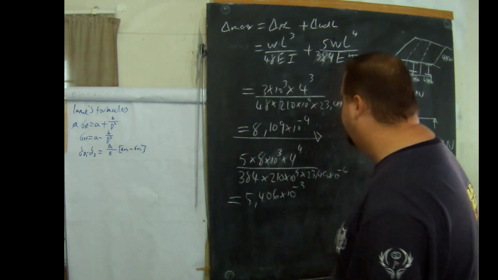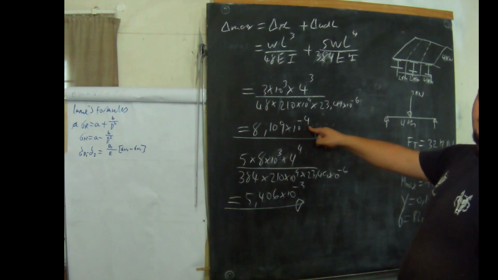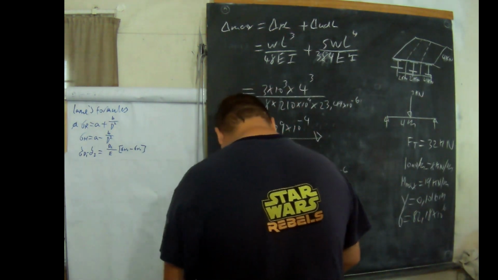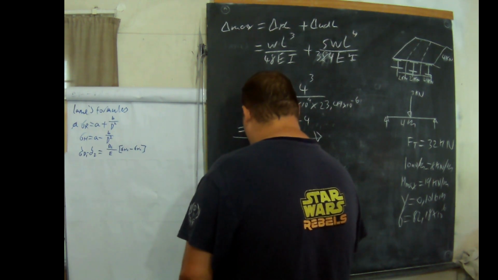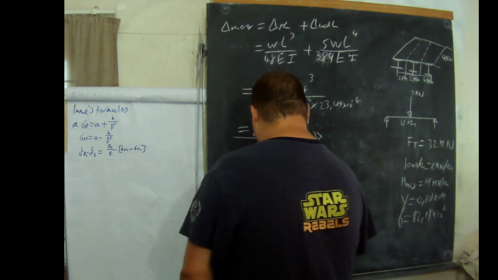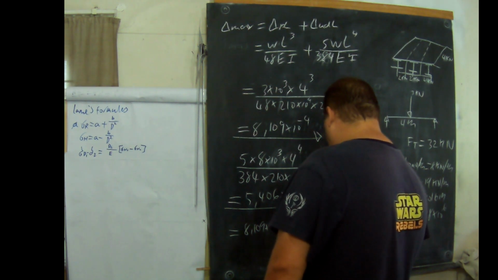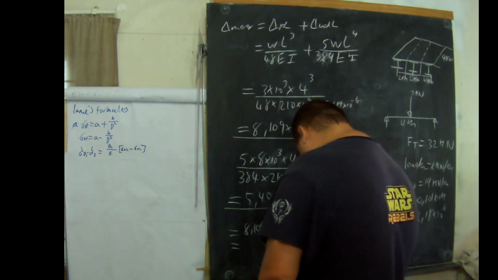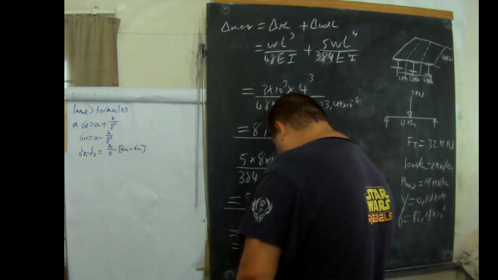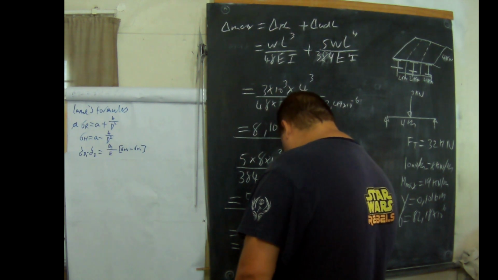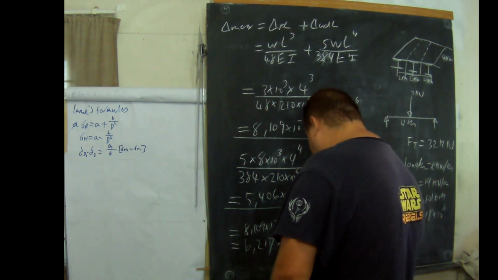So what we need to do now is take this answer and that answer and add them together. 8,109 times 10 to the minus 4 plus 5,406 times 10 to the minus 3 is 6,217 times 10 to the minus 3 meters.